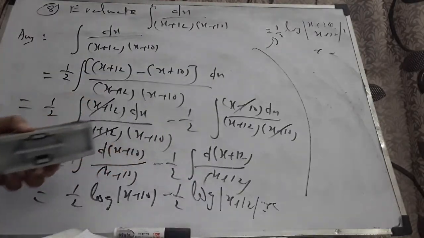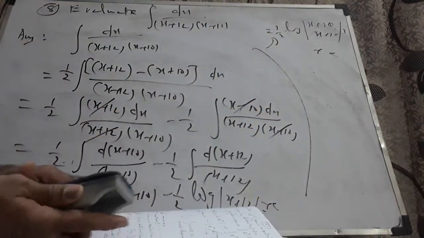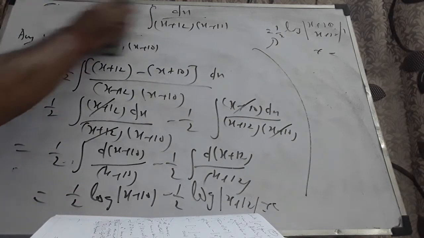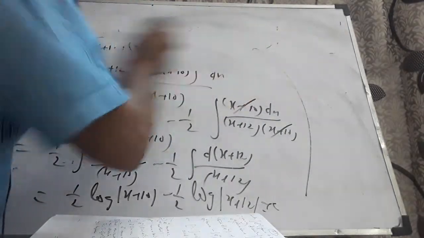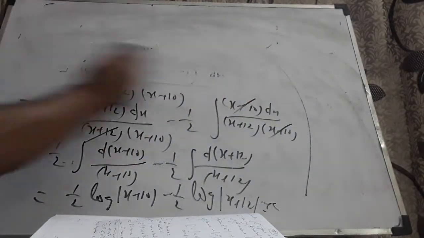Okay, we'll now move on to the next problem. Or I'll just explain one more method for the 8th problem itself. Okay, there is another method, a second method, for 8 also.